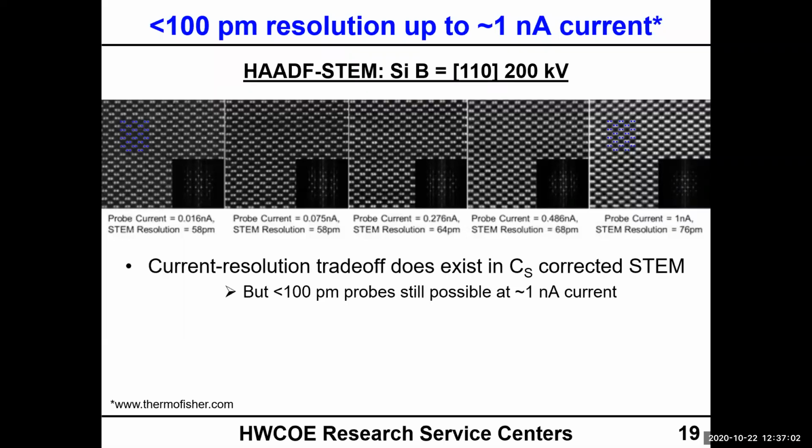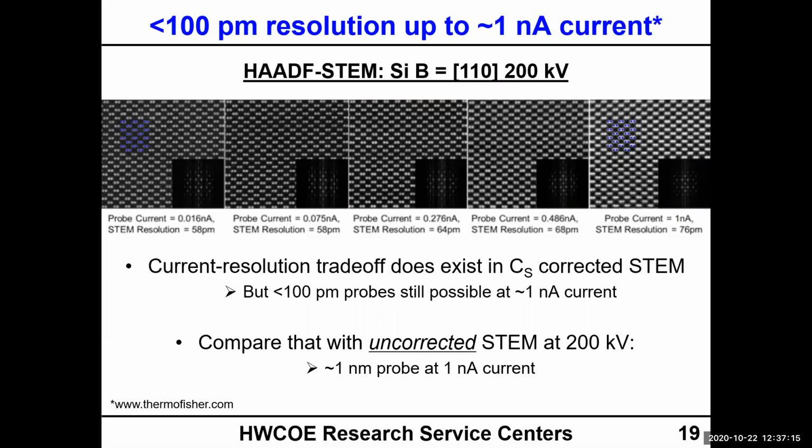So we still have this classic current-resolution trade-off, which anybody who does STEM or even SEM is aware of, but we can still get 100 picometer detail up to a nanoamp. If we were to compare that with an uncorrected STEM at 200 kilovolts, you'd probably end up with a probe that's about a nanometer. So you're talking about basically a factor of 10 difference in probe size for the same current.